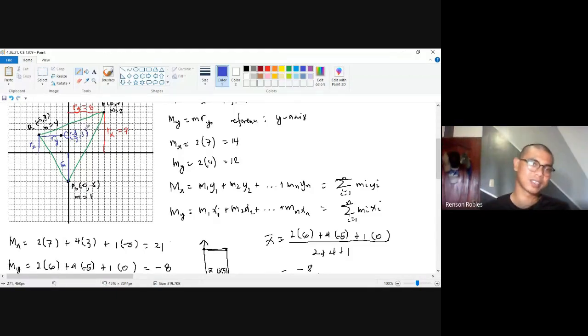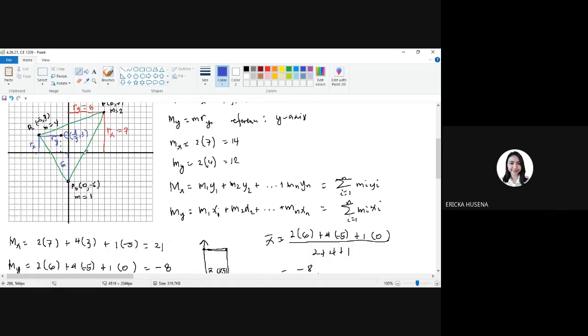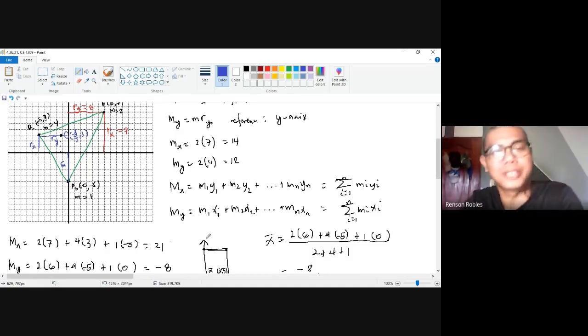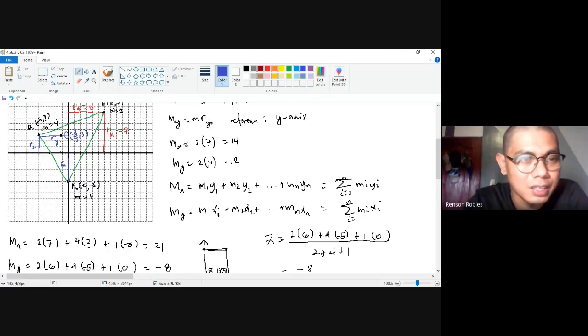This is 4 and these other two combined are only 3, which means the centroid can be found closer to the particle with the heaviest mass. Do you agree with my assumption? Yes po. Okay, so that's the centroid.